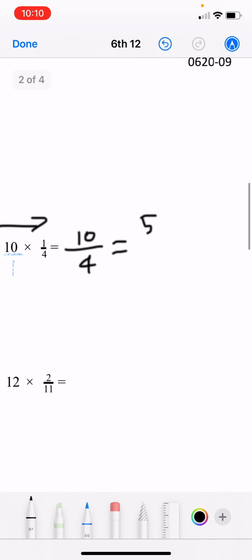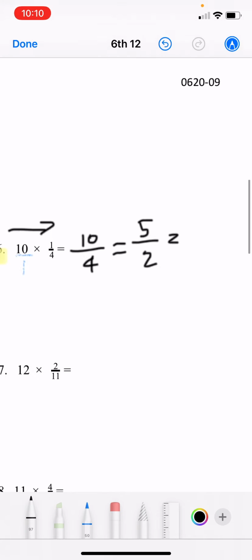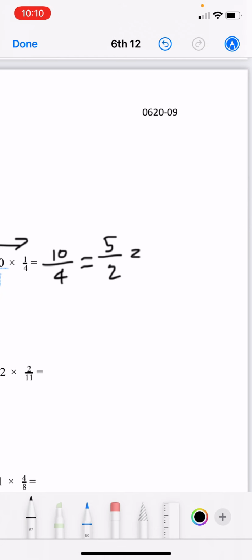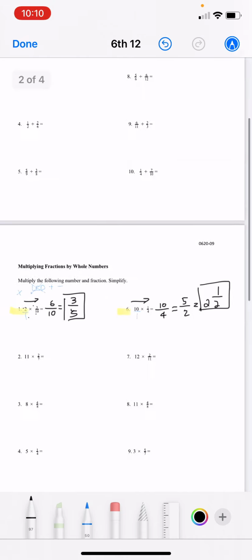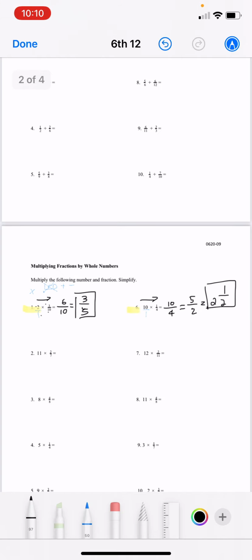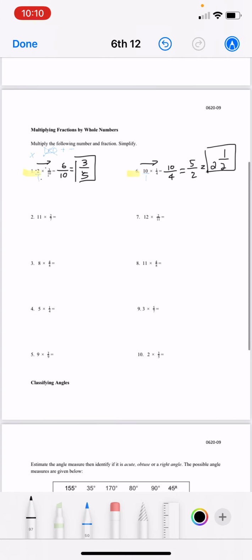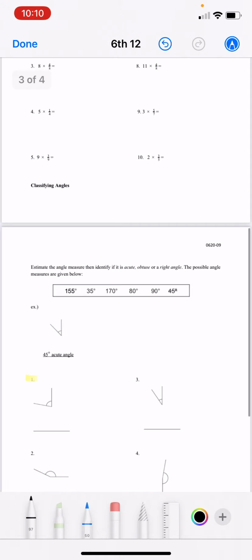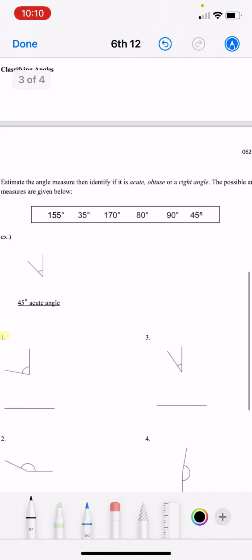Then you simplify it. That becomes 5 over 2, and then that becomes 2 and 1 over 2.